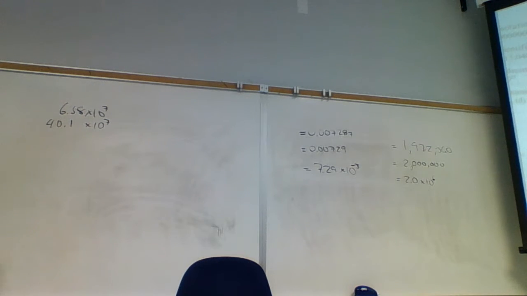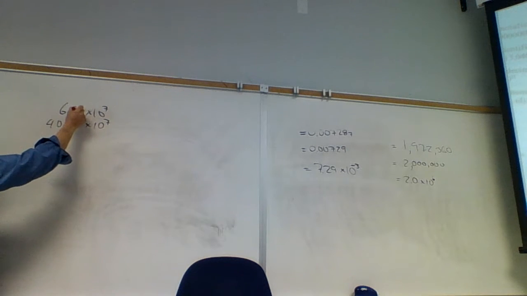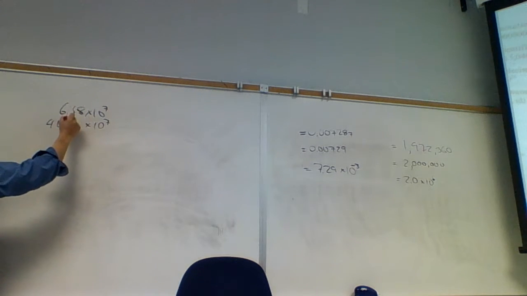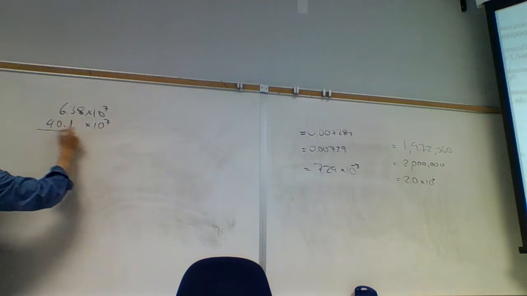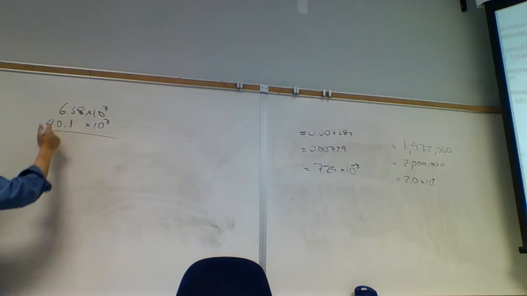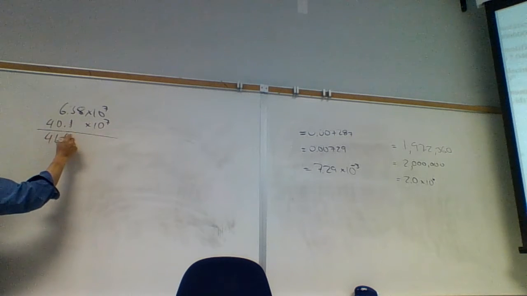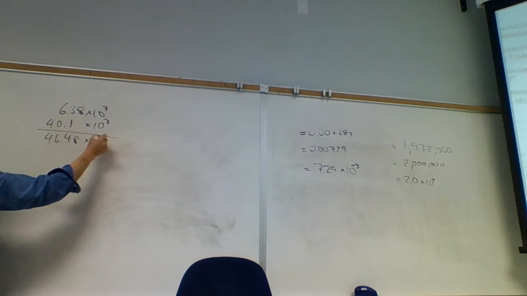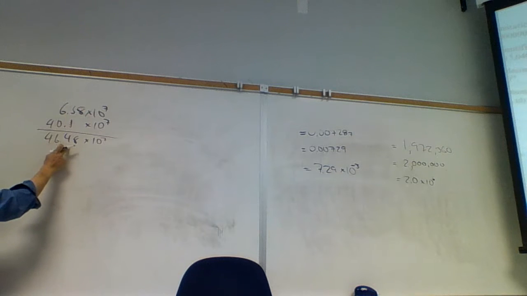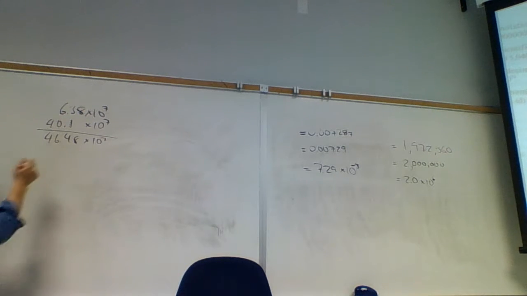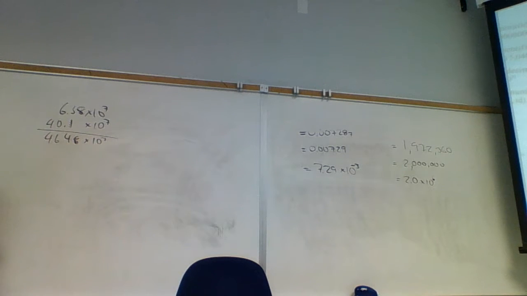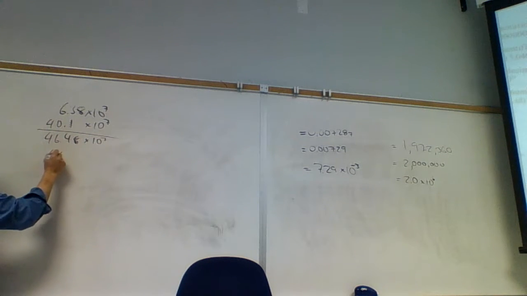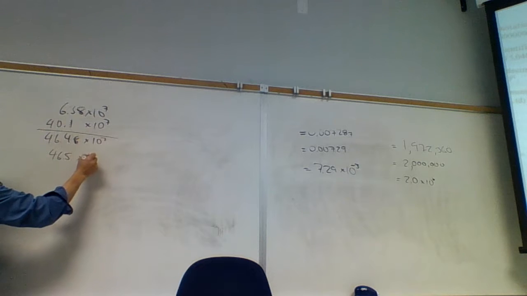So we made this smaller, we make this bigger. Now when we look at it again, the uncertain digit doesn't line up. You see the 8 here and the 1 here. The uncertain digits are different. And so what we're going to end up with is, again, 46.48 times 10 to the 7th, which is going to give us 2 uncertain digits, so we've got to drop one of those. We'll drop the 8. So this is going to give us 46.5 times 10 to the 7.